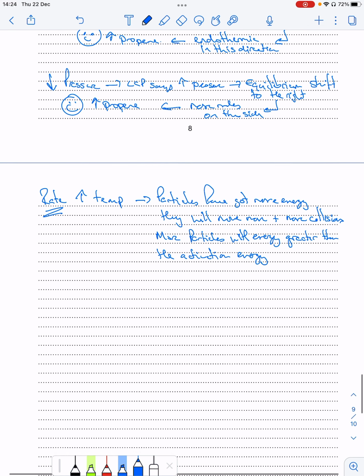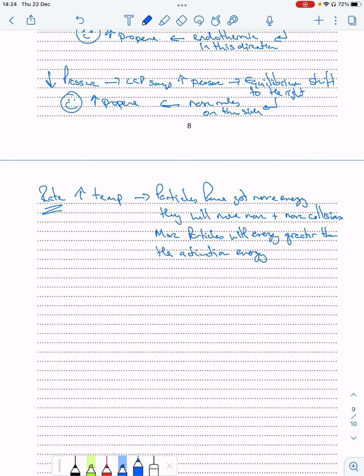So, if I've got more particles with greater than the activation energy, there's going to be more chance of successful collisions. If they're moving around more, there's more chance of successful collisions. These two things lead to an increase in the rate of the reaction, which is what I want. I want that reaction, I want that attainment to be faster.